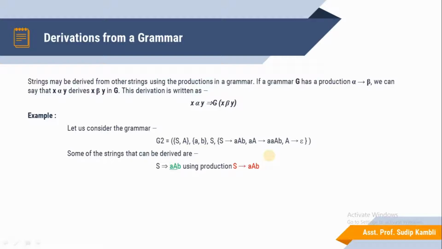S derives small a, a terminal symbol, non-terminal capital A, attached with a terminal symbol b on the right side. Then A derives small a, a terminal symbol, on the left side attached with capital A, a non-terminal symbol, with small b, a terminal symbol, on the right side, using those production rules.